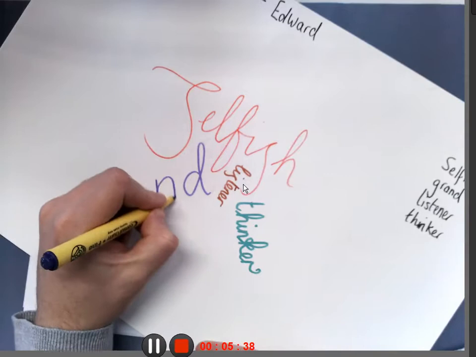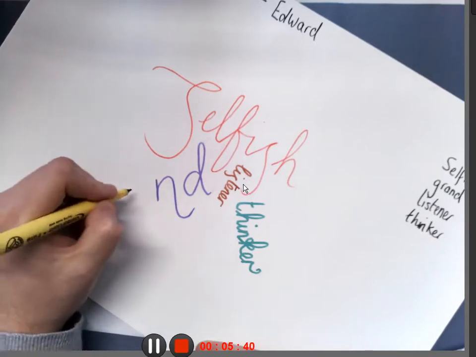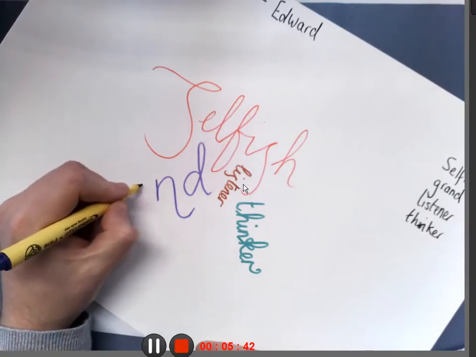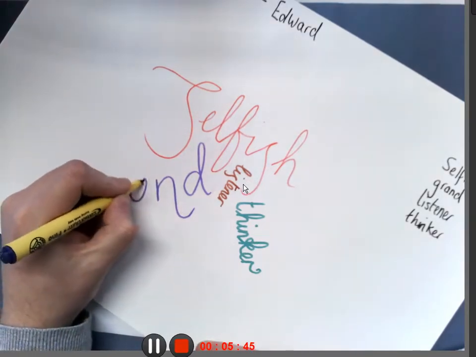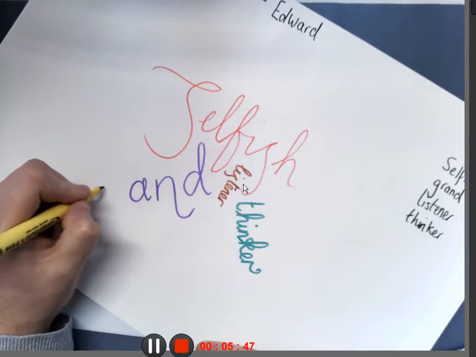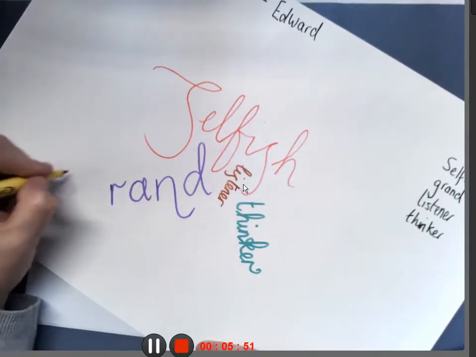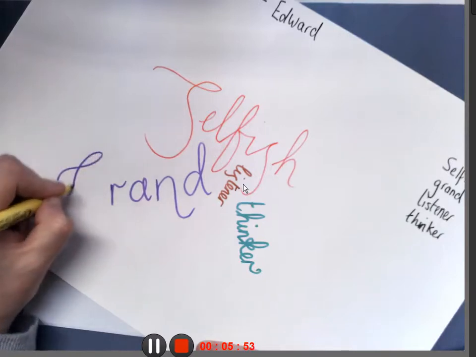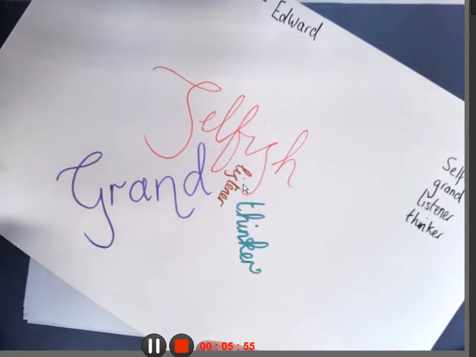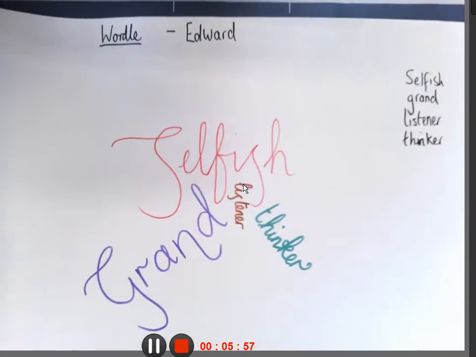So I want my N to be there. Going to go A. And then I'm going to go an R. And then I'm going to do my G there. So I've created my first Wordle to describe Edward at the start of the story.